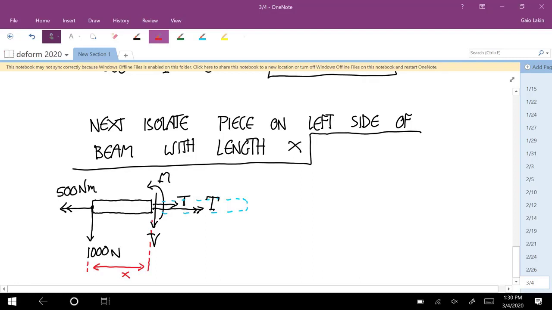Okay, but you can imagine, nothing conceptually is going to change about how we approach this. Where was the only place in our last calculation where that length came into it? Yeah, calculating the moment M. And so this time, when we sum up the moments about the z-axis, we're going to have this M, and we're going to have this V times x.